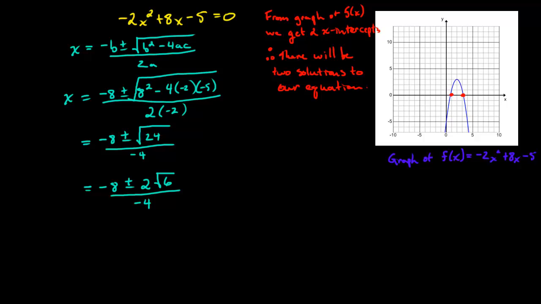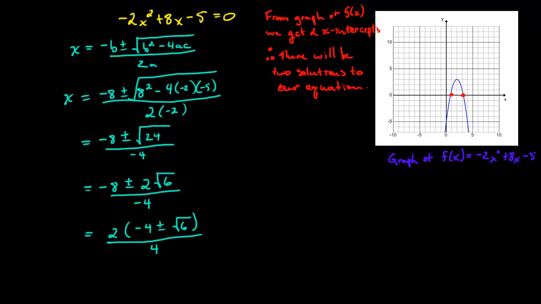Now, the numerator and denominator are both divisible by 2. To simplify, I can write this as 2 times negative 4 plus or minus the square root of 6, all divided by 4.